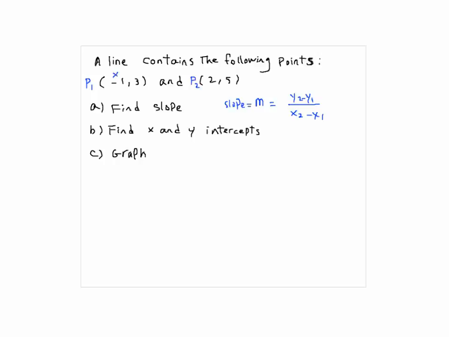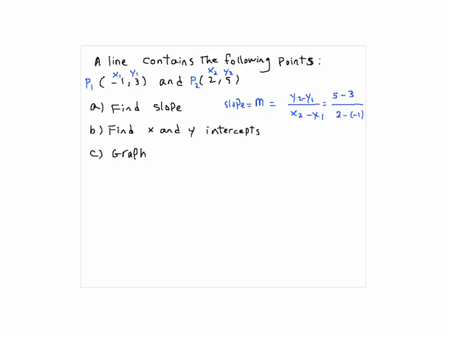So this would be x1, y1, and this would be x2, y2, and you simply substitute those numbers here. So y2 would be 5 minus 3, x2 would be 2 minus 1.